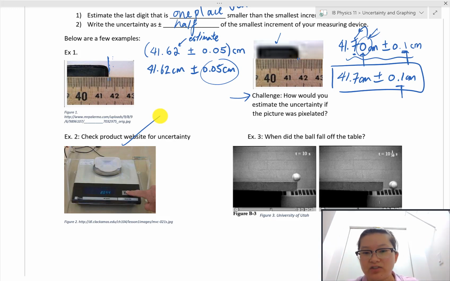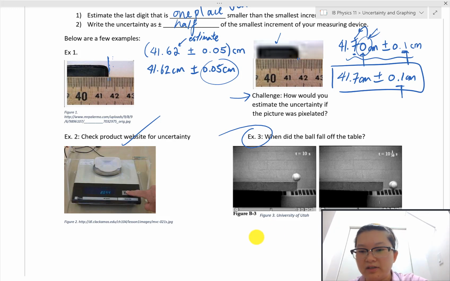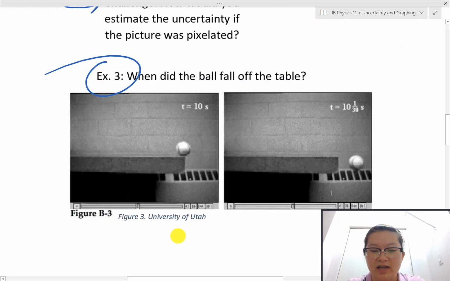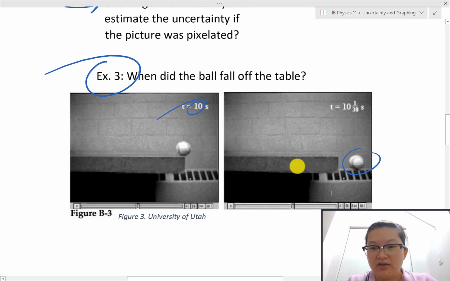Okay, so next one. Example 3. When did the ball fall off the table? Hey, this is exactly what you might do in your Logger Pro or your video tracking software tracking motion. So I'm going to zoom in here. Notice the ball has not left the table at exactly 10 seconds, but has completely left the table at 10 1/30th of a second. You might be wondering what this 1/30th means.